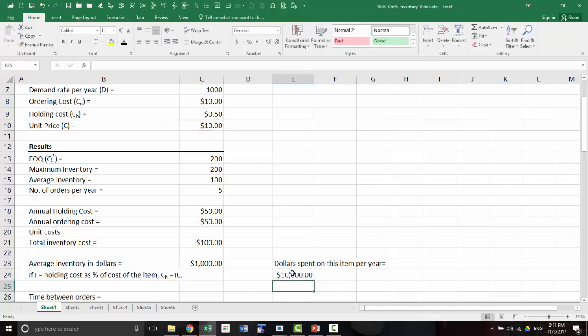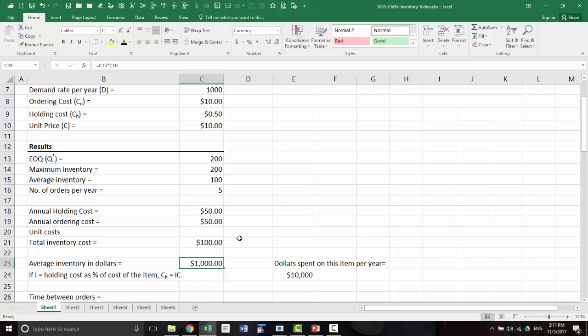So we'll spend over 1 year $10,000. But on the average, how many dollars will be locked up in inventory? That capital locked up in inventory will be $1,000 because our average inventory is Q over 2 times cost of the item.